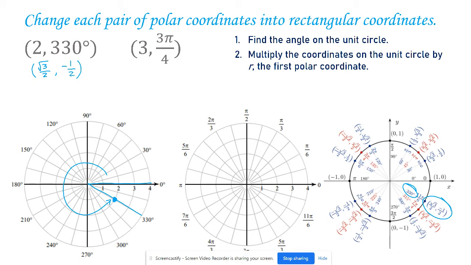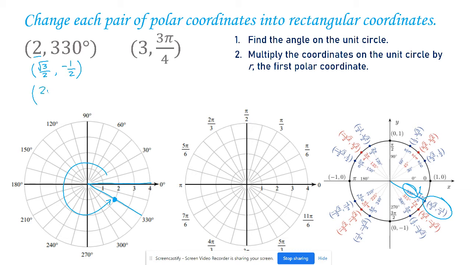Now, the whole idea with the unit circle is that it has a radius of 1. So on a circle with a radius of 1, if r was 1, those would be the coordinates. But on our point, r is 2. So the idea is you have to go out twice as far. So what you do is you just take these coordinates and multiply them by 2.